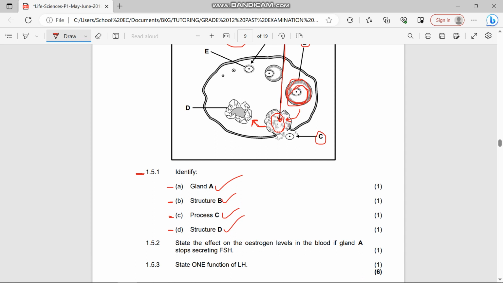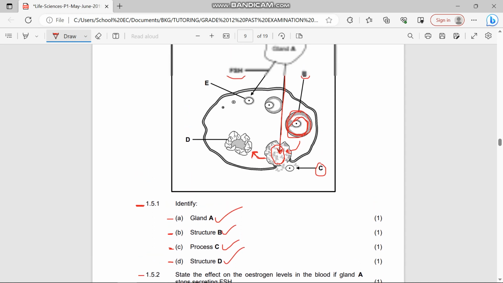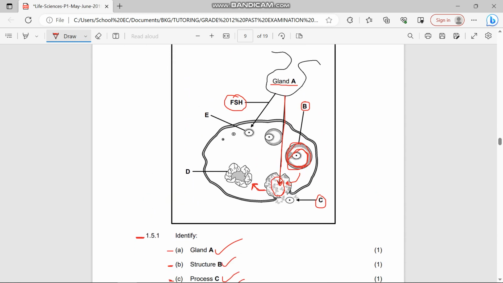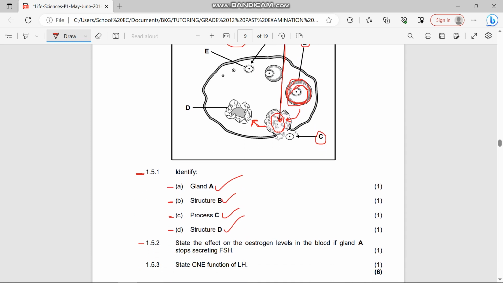Let's jump to 1.5.2. It says state the effect on the estrogen levels in the blood if gland A stops secreting the FSH. So if gland A, the pituitary gland, stops secreting the FSH, how is that going to affect the levels of estrogen? That's basically what the question is asking.